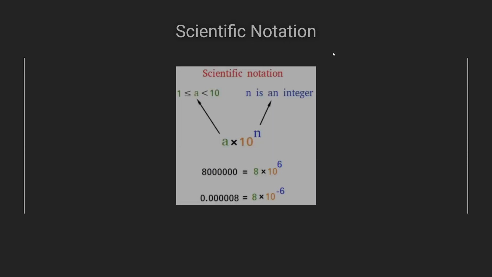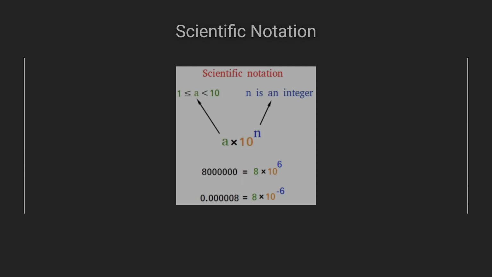And the second component of scientific notation is the actual notation. Based on how we know exponents interact with a base 10 specifically, we're going to be able to write scientific notation where we have a, our coefficient, which is going to be between 1 and 10.